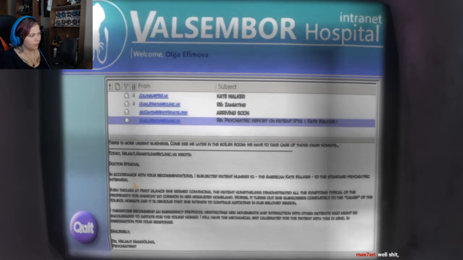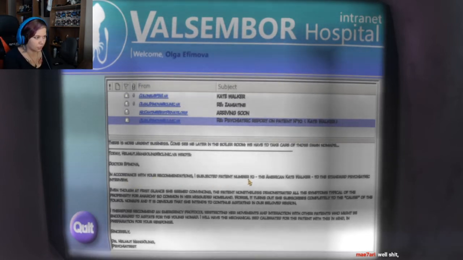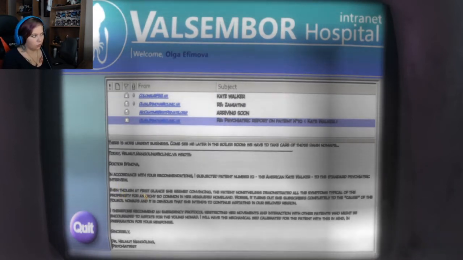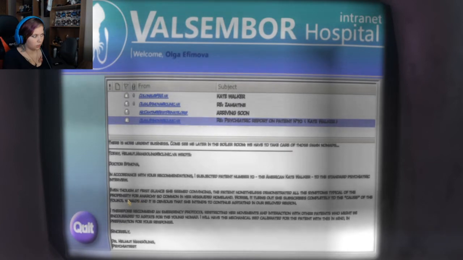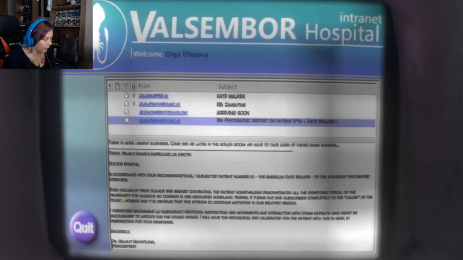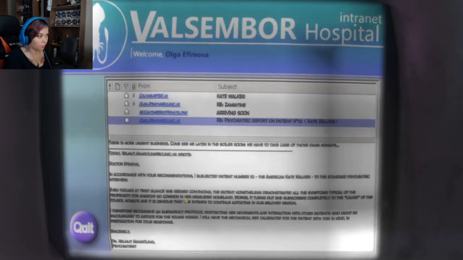Dr. Olga, in accordance with your recommendations, I subjected patient number 10, the American Kate Walker, to the standard psychiatric interview. Even though, at first glance, she seemed convincing, the patient nonetheless demonstrated all the symptoms typical of the propensity for anarchy, so common in her misguided homeland.